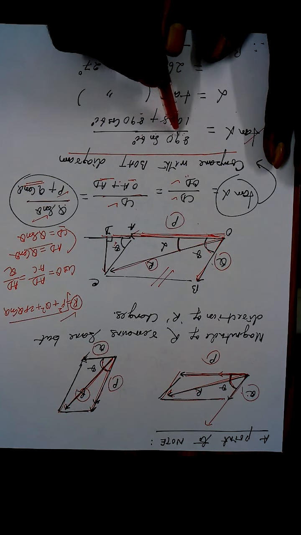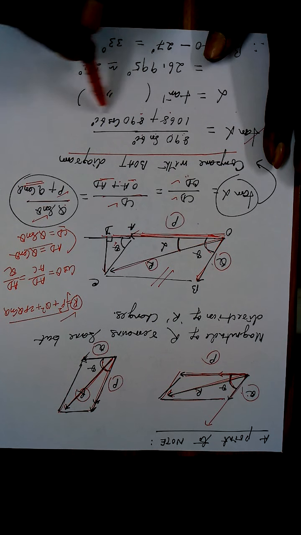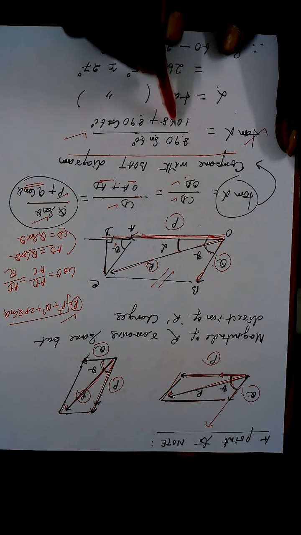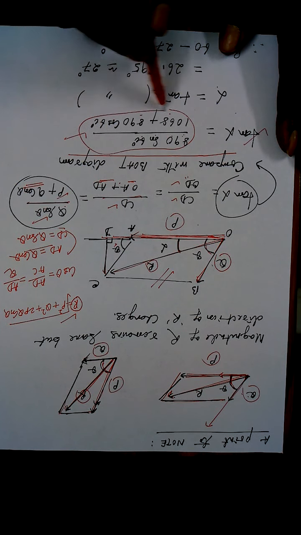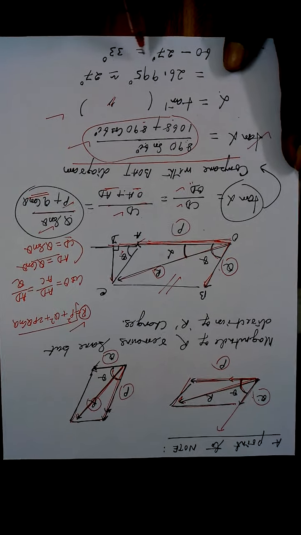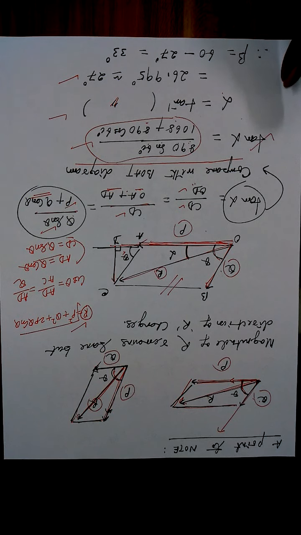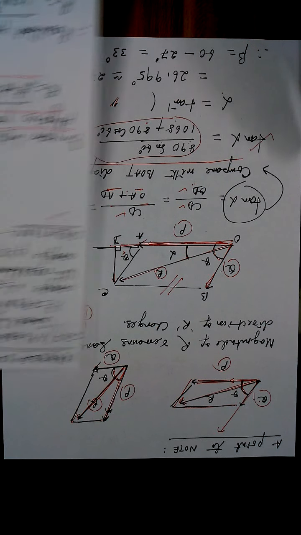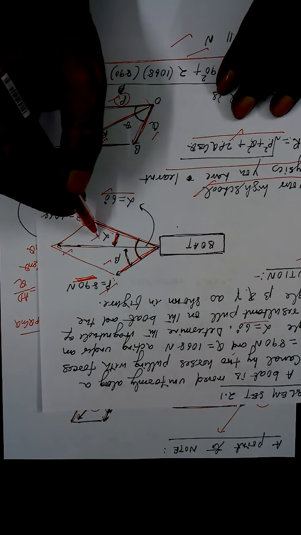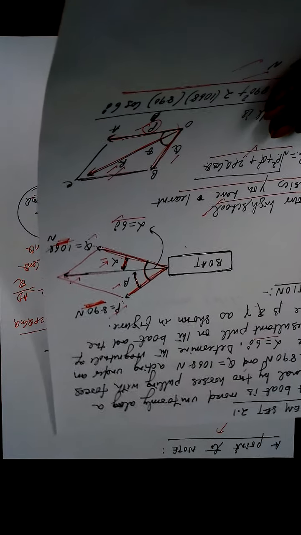So 890 sin 60 over this. So alpha is equal to tan inverse of this. This comes out to be 26.995, that is nearly 27 degrees. So this alpha is equal to 27 degrees.